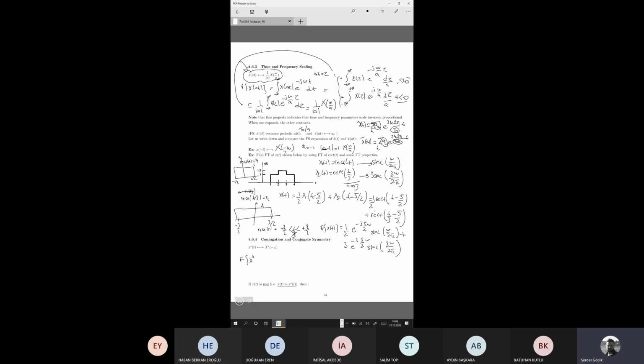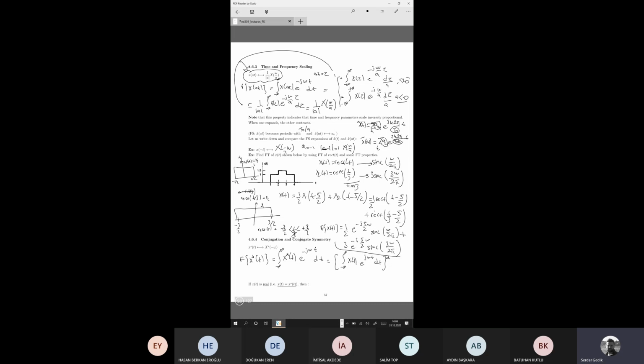Let's start with writing the Fourier transform of x conjugate of t. This is the integral from minus infinity to plus infinity of x conjugate of t e to the power minus j omega t dt, and this equals the integral from minus infinity to plus infinity of x of t e to the power j omega t dt with a conjugate.